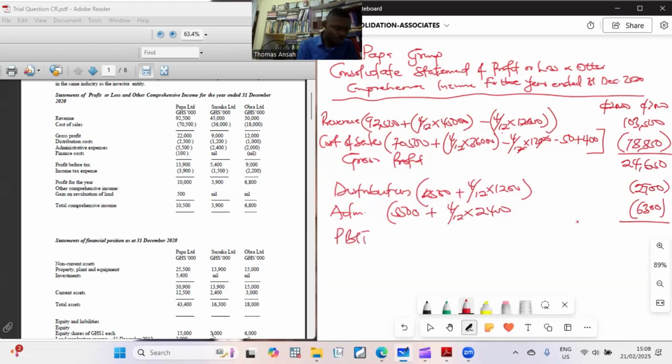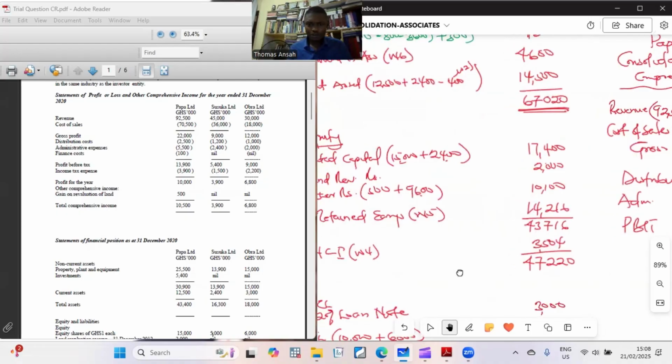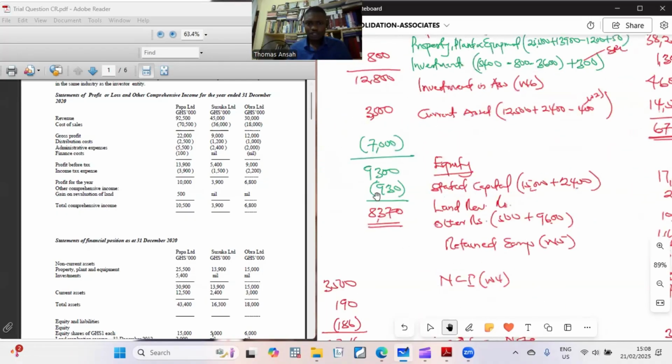So let me add plus 2,900 or minus 24,650. But I think there was goodwill impairment, and goodwill impairment is supposed to be added to admin. So how much was the goodwill impairment? 930, right? Yeah, I remember. It was 930.